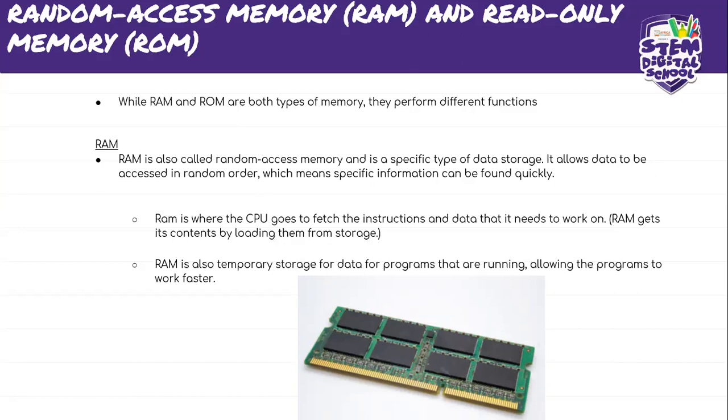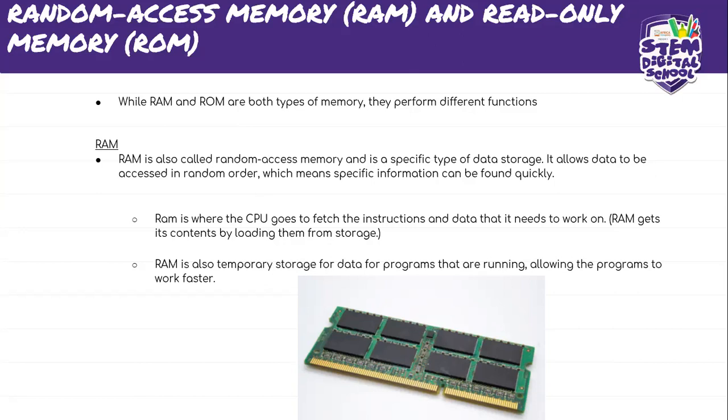So when you are typing or whatever, the RAM will save that data. Then the CPU comes to the RAM, collects that data, and performs the task that you want it to perform.